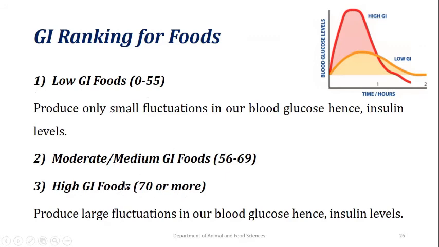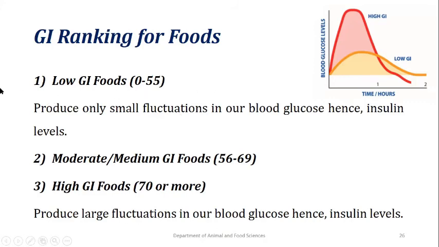We call foods high GI foods if they have a glycemic index value of 70 or more, and between 56 and 69 we call such foods moderate or medium GI foods. That is how this classification works: low GI foods, high GI foods, and medium GI foods.